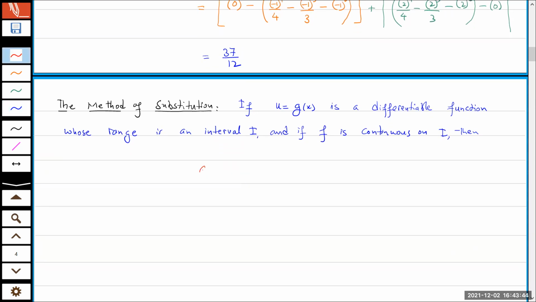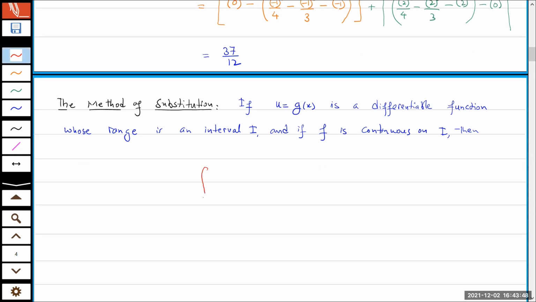The indefinite integral of f composed with g of x, which is multiplied by g prime of x dx, this equals the integral of f of u du.